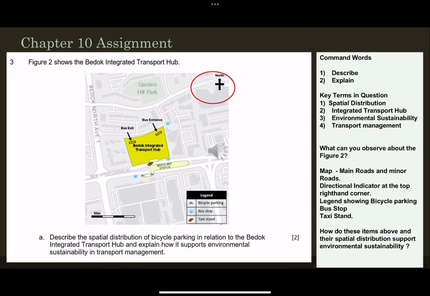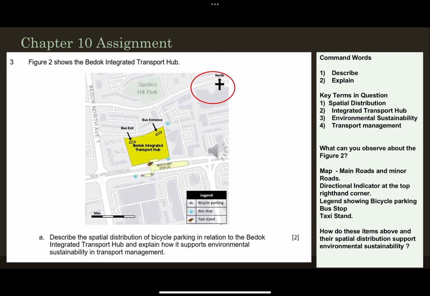And then we can see that there are some symbols on the map. What do these symbols symbolize? What do they tell us? Let's look at the legend, which is at the bottom right-hand corner of the figure. You can see the bicycle parking is actually shown by the symbol that shows the bicycles that are in white and black.